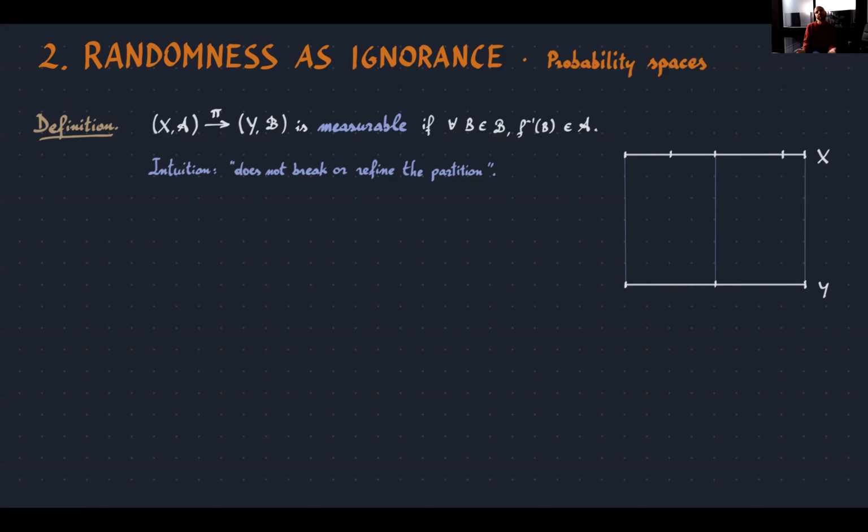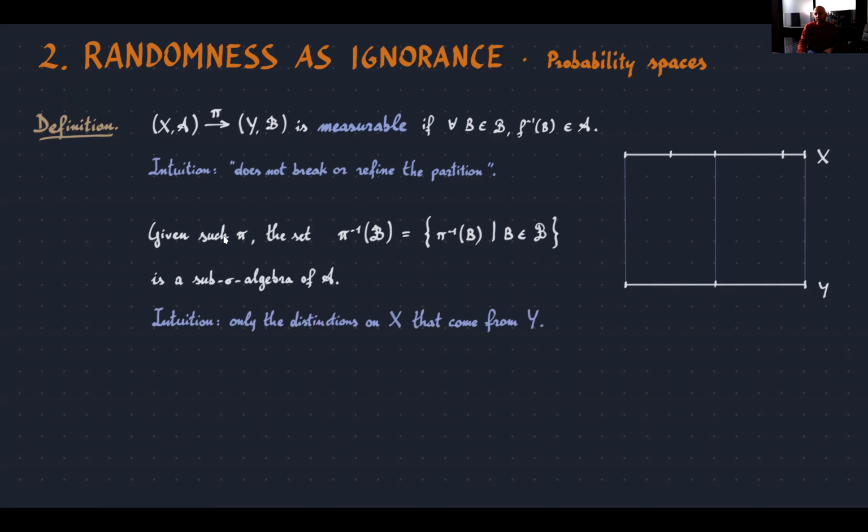So we can only lose information, but not create it. The pre-image of this set, in this case just this distinction, this one and this one, is the pullback sigma-algebra, a sub-sigma-algebra of the one you started with, which can be interpreted as the distinctions that come from y, or through pi.